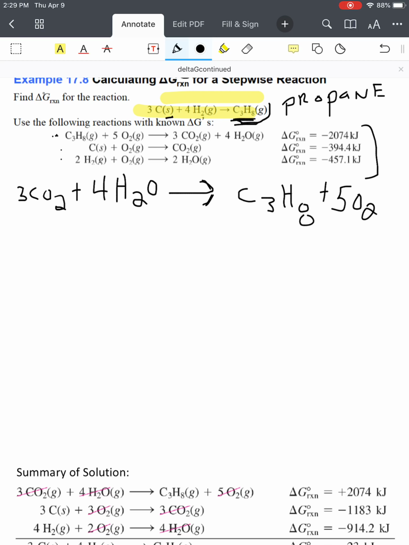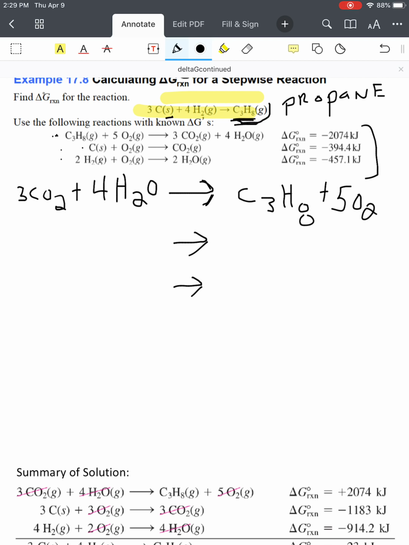I should write that all these are gas phase, okay, but it looks like they're all gases except for the carbon solid here. So just keep that in mind, because you want to make sure that you're crossing out similar things ultimately, okay? So I put the C3H8 on the product side where it belongs. Now I'll start thinking about lining up the remainder of the substances where they belong.